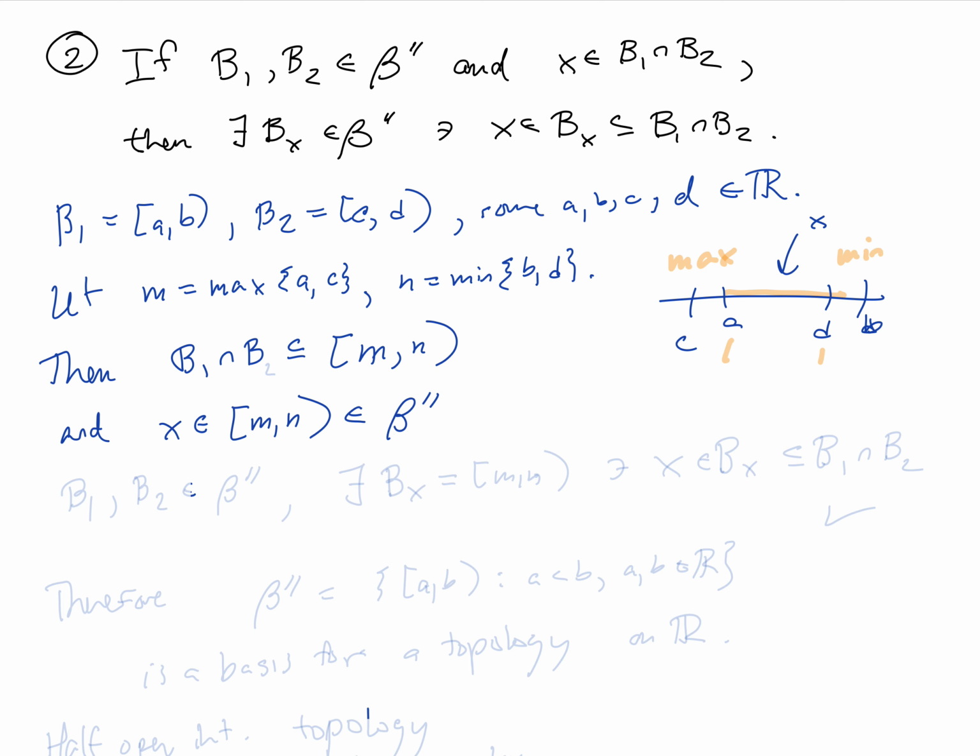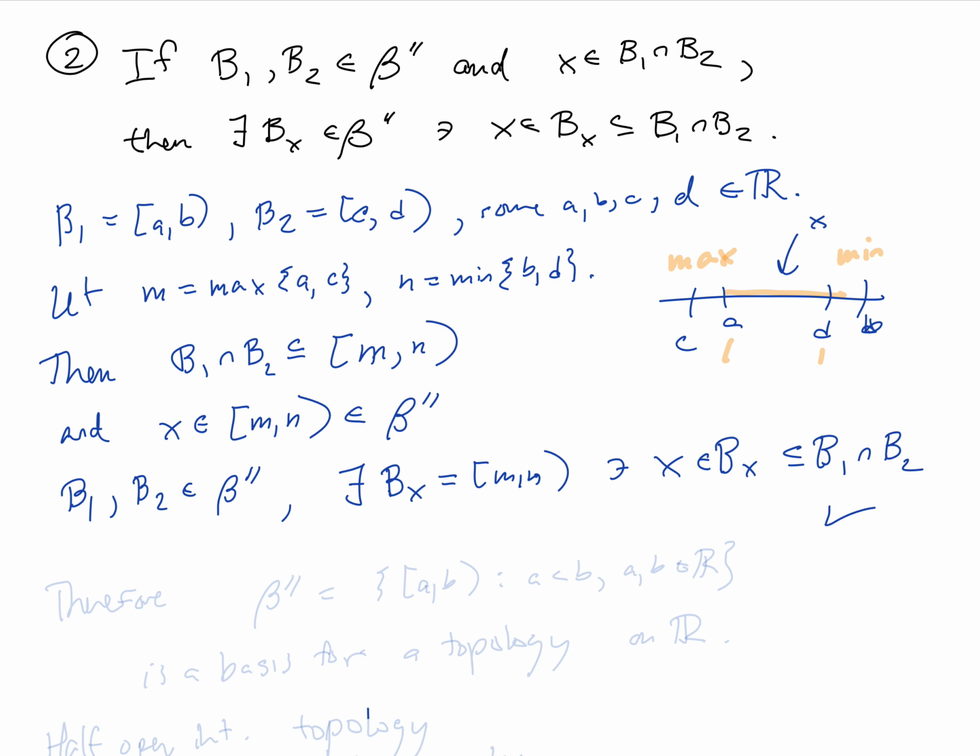So we've got for any B1, B2 in beta double prime, there exists this beta sub x, this particular one, [M, N), that we've just created, such that X is an element of beta sub x, and that is a subset of B1 and B2.